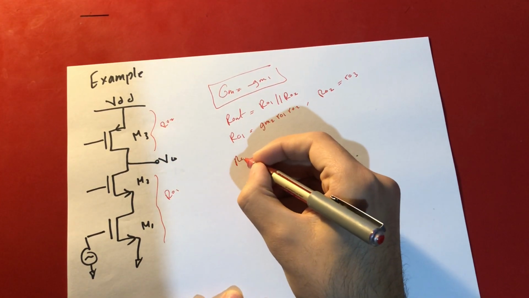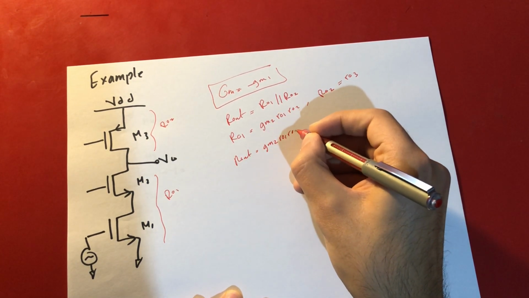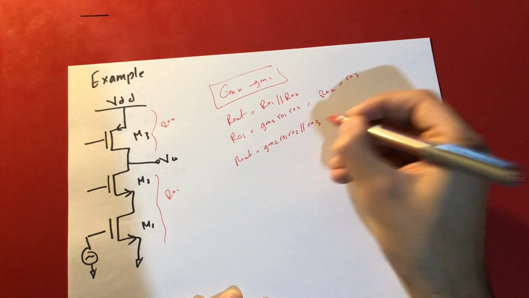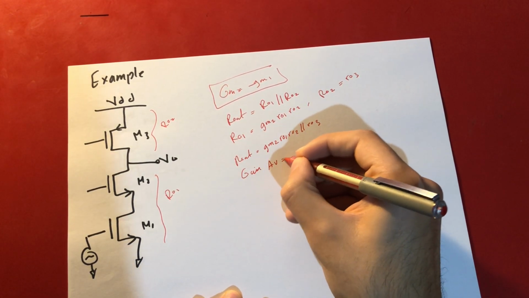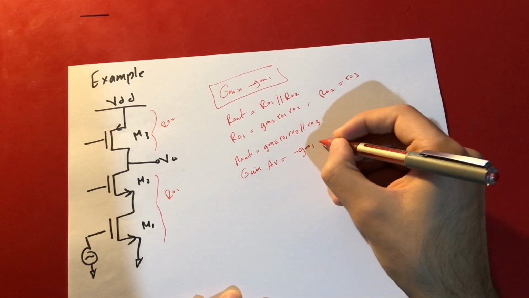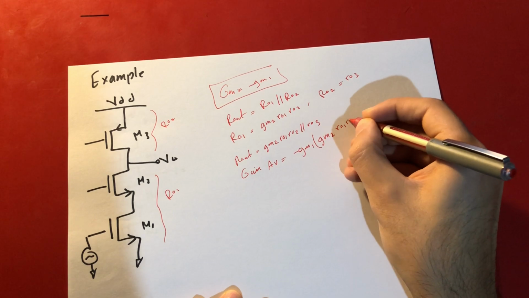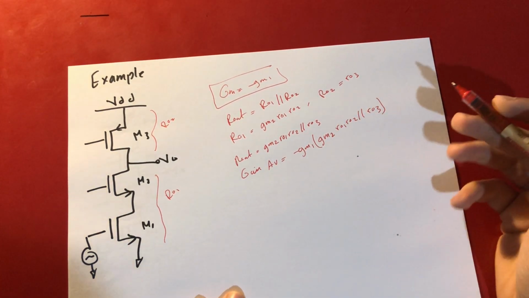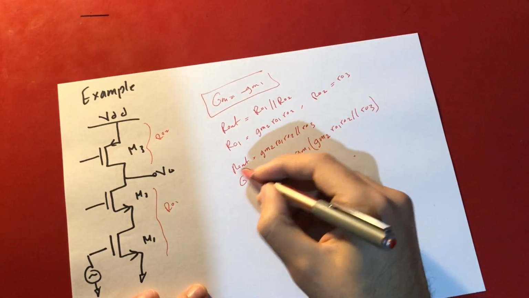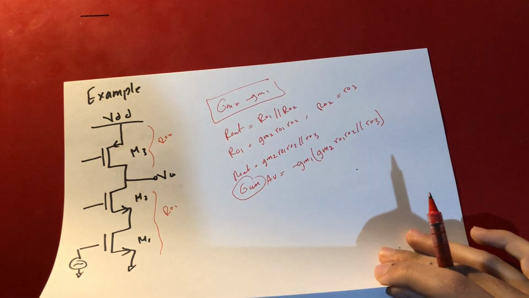So R out is equal to GM2 RO1 RO2 parallel with RO3. The gain AV is equal to minus GM1 times GM2 RO1 RO2 parallel with RO3. That's it. That's how we find the gain of this cascode.